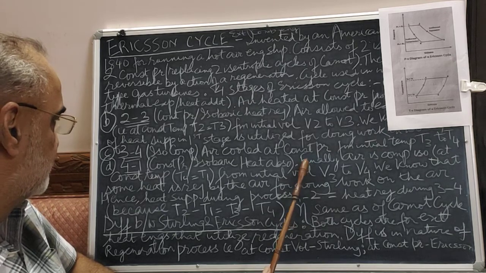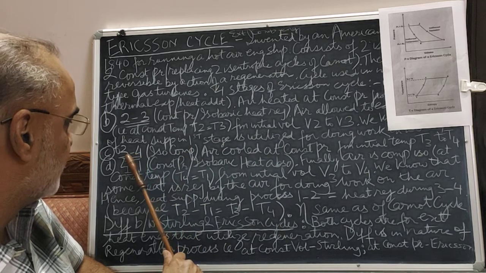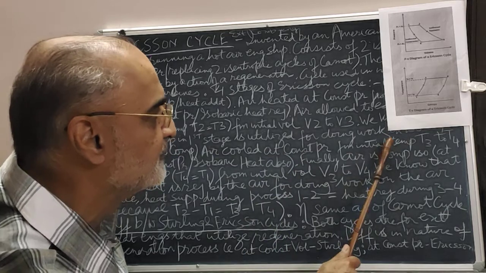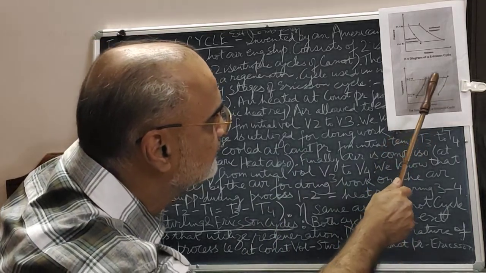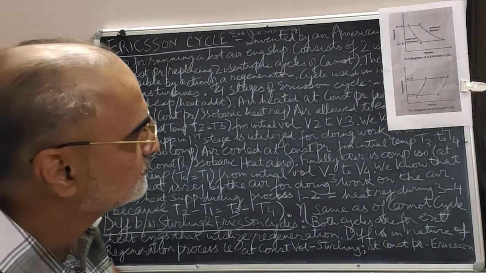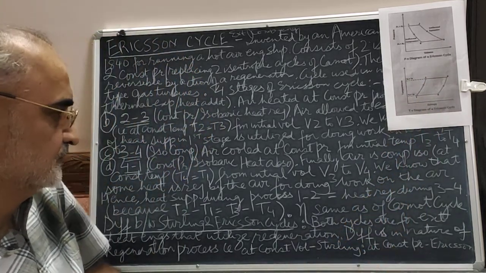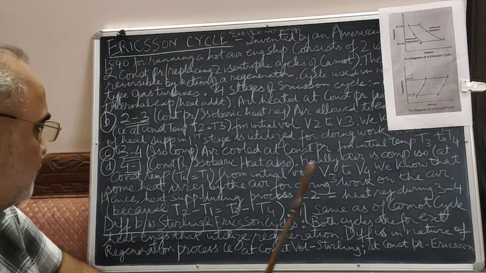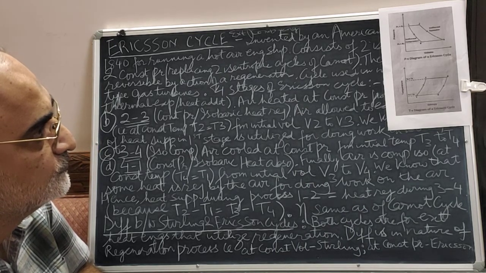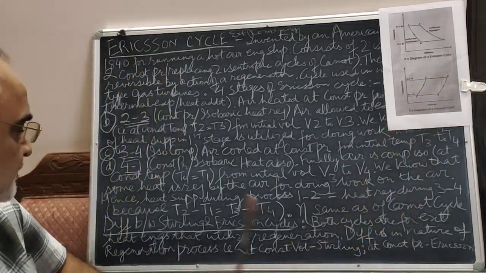Finally, at constant pressure, 3 to 4, it is air cooled at constant pressure from initial temperature T3 to T4. T1 is equal to T2, T3 to T4. This is the 3 to 4 isothermal expansion.